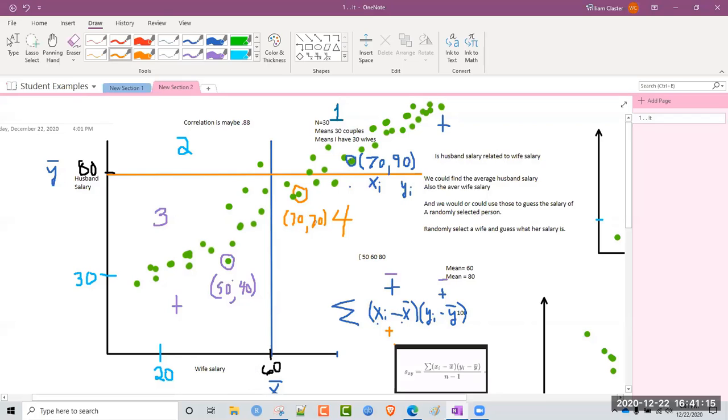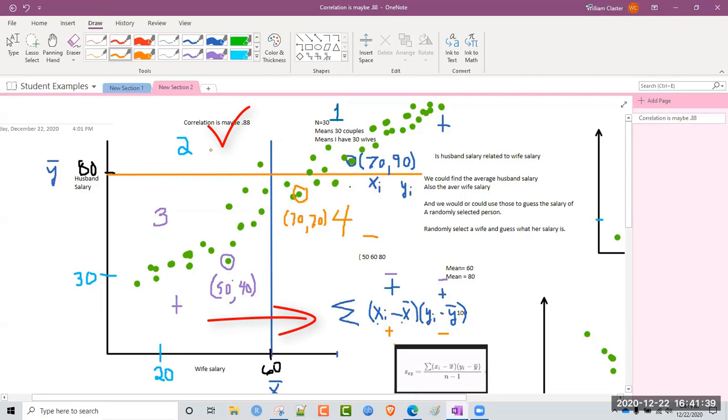But I'm going to get 70 minus 80, that's negative. So when I multiply these two together, that's going to give me a negative contribution to this sum. So in quadrant 4, that's true for every dot in quadrant 4. So it's going to give us negative contributions to this sum.